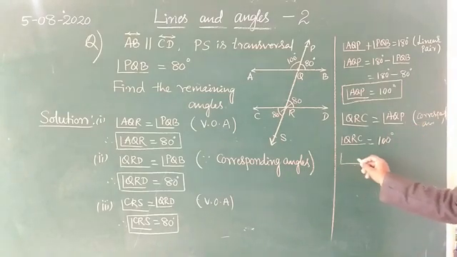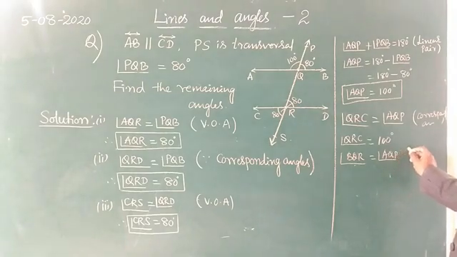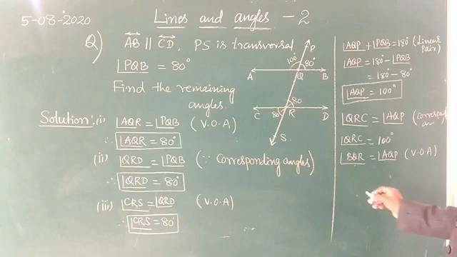Similarly, angle BQR is equal to angle AQP. These are vertically opposite angles.